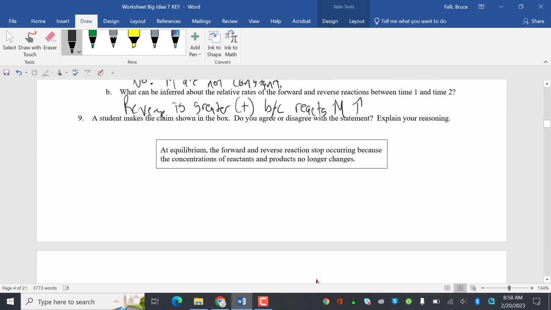A student makes the claim shown in the box. Do you agree or disagree with the statement? Explain your reasoning. The forward and reverse reaction stop occurring at equilibrium because the concentration of reactants and products will change. Do I agree with that statement?